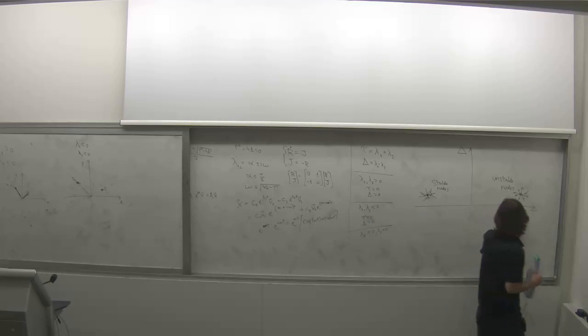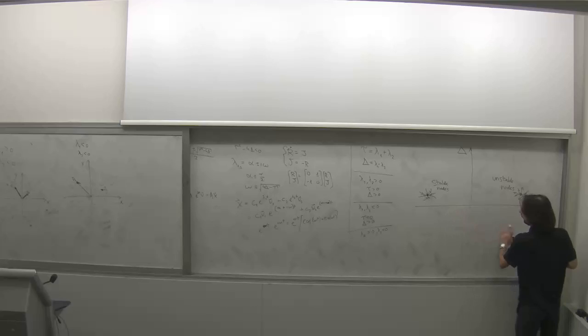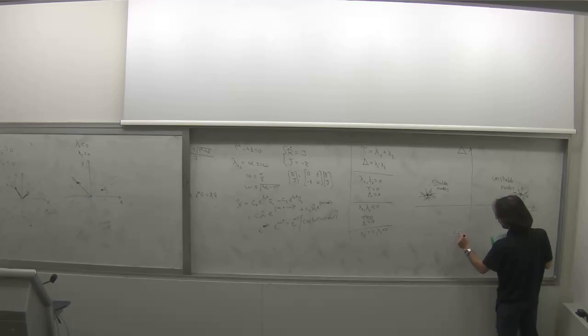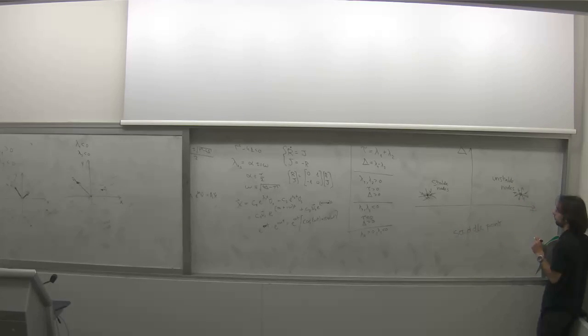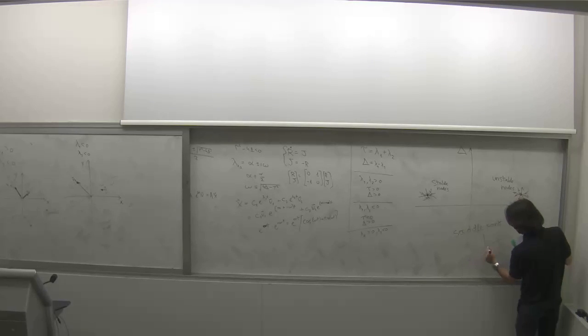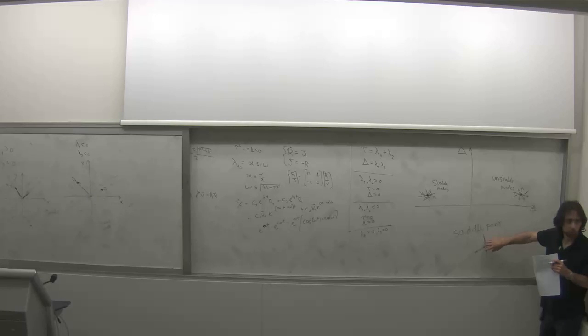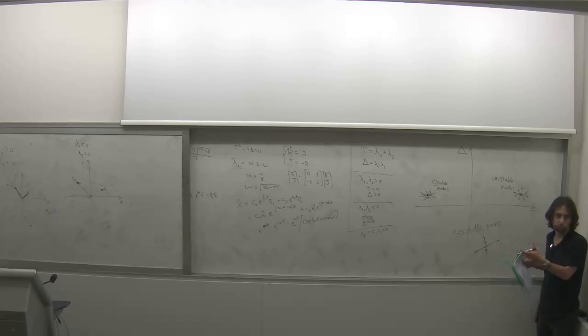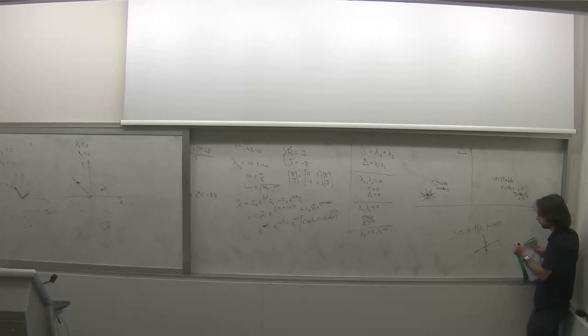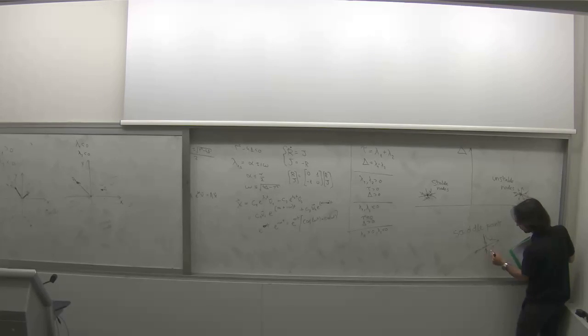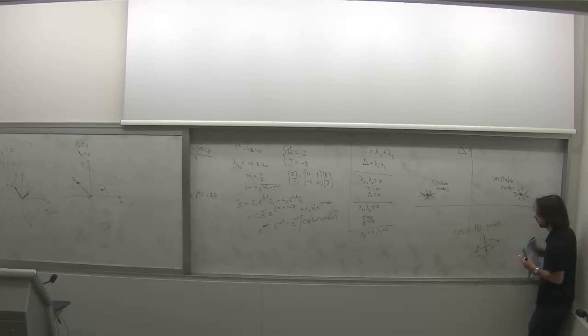So all of this half of the plane is occupied by saddle points. This looks like this. These will be the eigenvector directions. The eigenvectors will serve as stable and unstable manifolds.